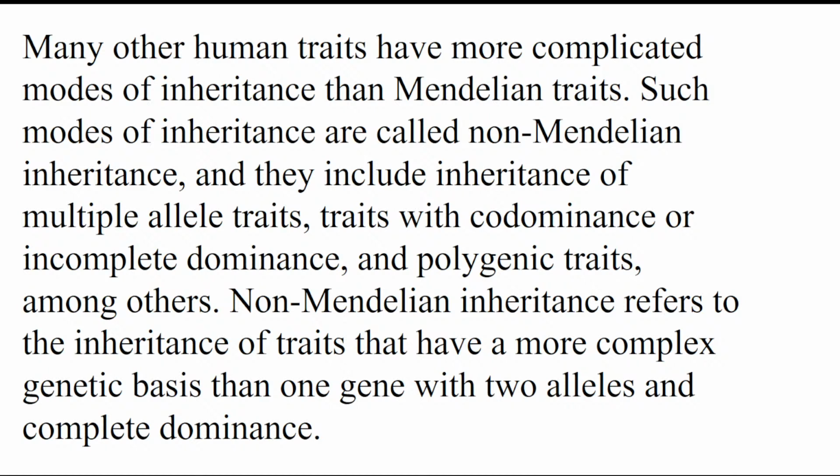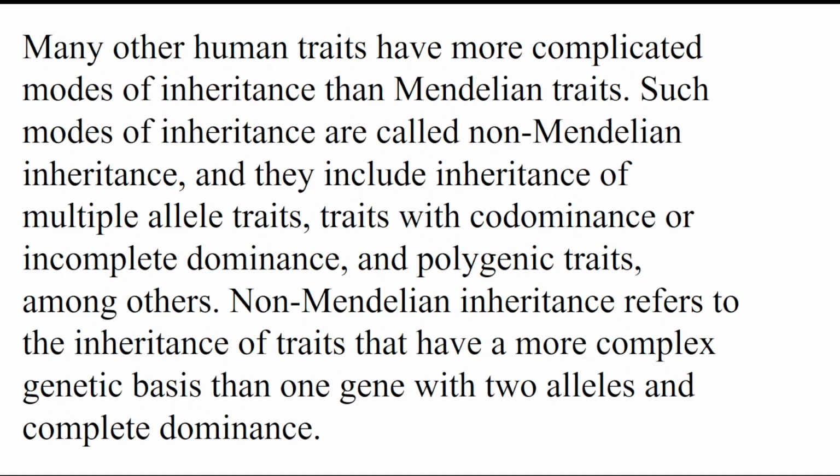But the scientists found that there were many human traits. The scientists think that near 70% have more complicated modes of inheritance than Mendel traits. For example, the non-Mendelian inheritance is characterized for traits with codominance, incomplete dominance, polygenic traits, and others.